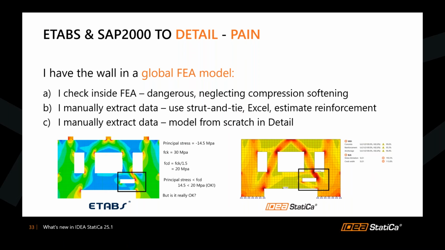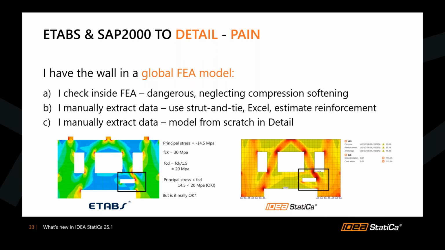You can see that in the pictures below: ETABS would show you just an OK state, and if you model this in a more advanced, non-linear analysis in IDEA StatiCa Detail, it will show you a failure around the opening that takes into consideration the compression softening.